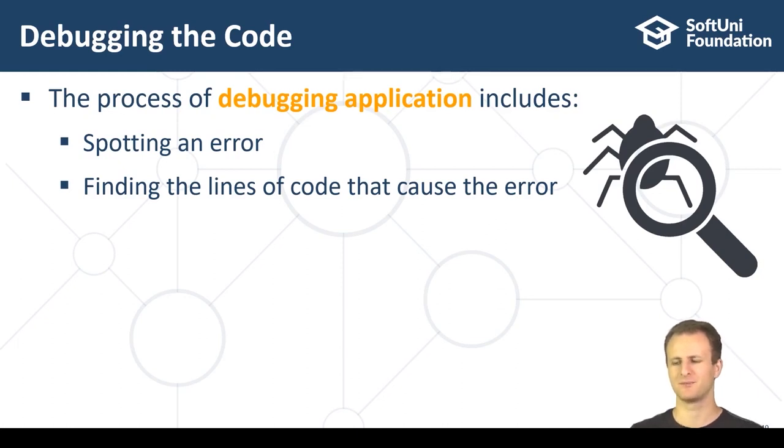So always keep in mind that there is no such thing as a correct and incorrect program. There is a program which does what you want it to do, and there's a program which doesn't do what you want it to do. Programs always do what you told them, so they do exactly what you wrote, but that doesn't mean that you wrote what you needed to write.